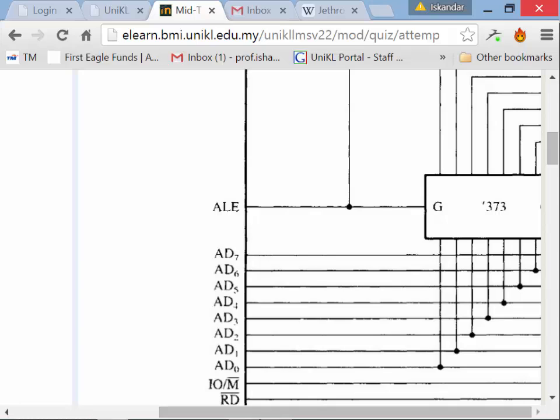So the 373 is used to latch the address, to separate the address lines from the data lines. That's the answer I'm looking for, something along that line. The 373 is used to latch the address. The ALE tells it when to latch the address. So the two of them work together.